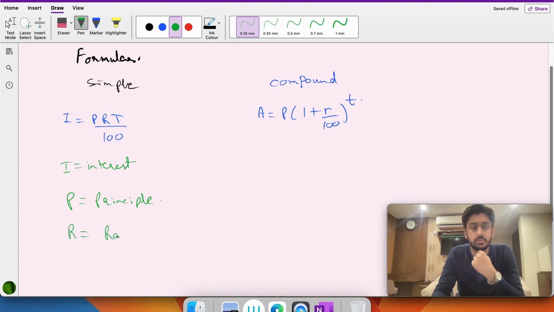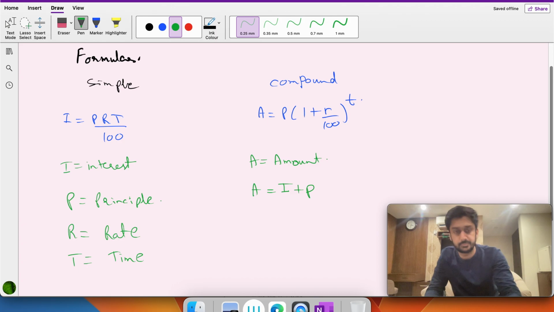R is the rate, percentage rate per annum or per month, and T is the time for how long it is invested, and the symbols are the same for both. A is the amount. Amount is basically interest plus the principal.